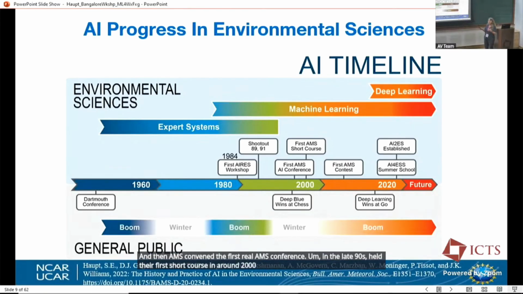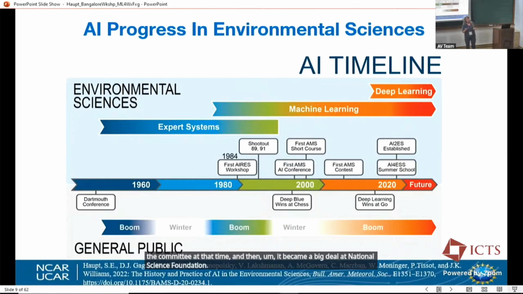That's about the time I started being associated with the committee, and we had the first AMS contest. I was chair of the committee at that time, and then it became a big deal at the National Science Foundation.